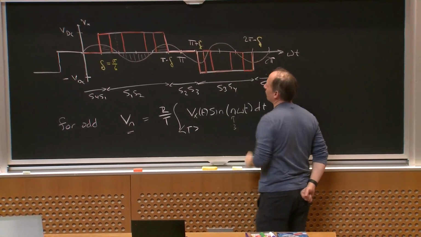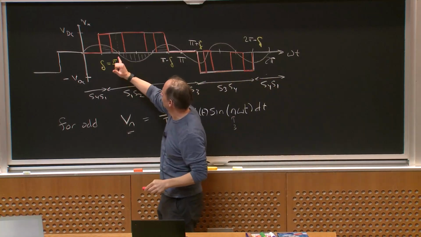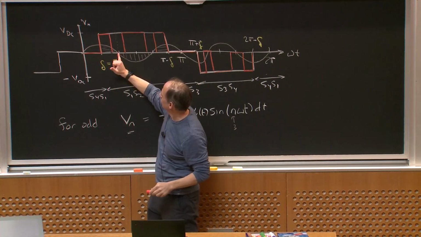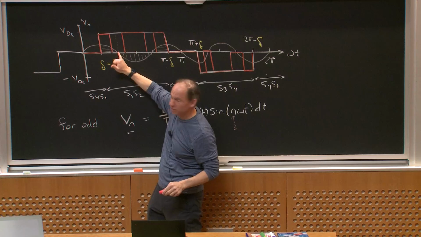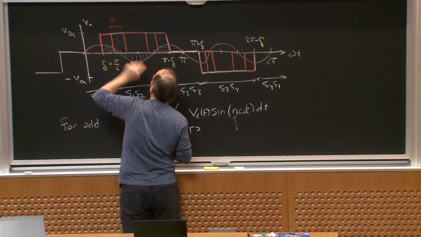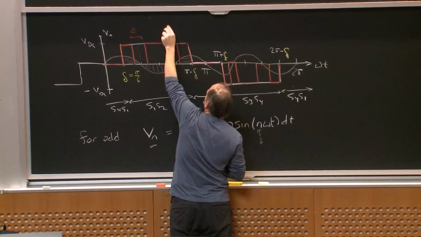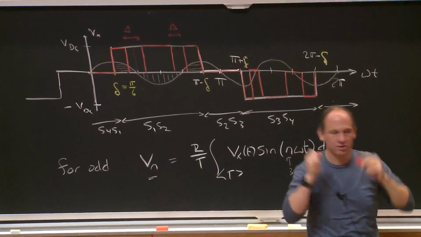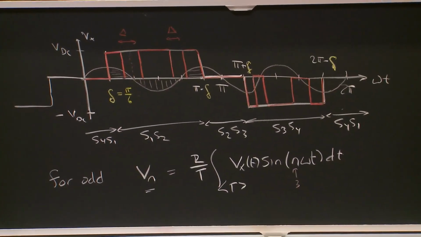Now, if I've done this in the right way and I make this symmetric about 60 degrees, with some other angle, which I'll call capital delta, I haven't introduced any third harmonic again.